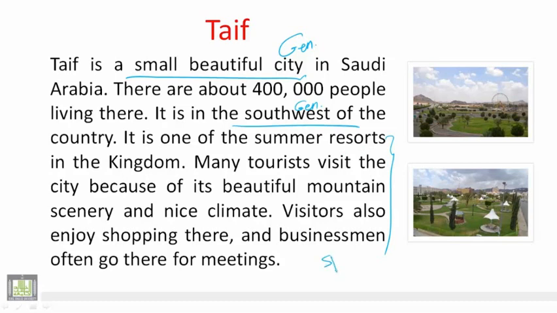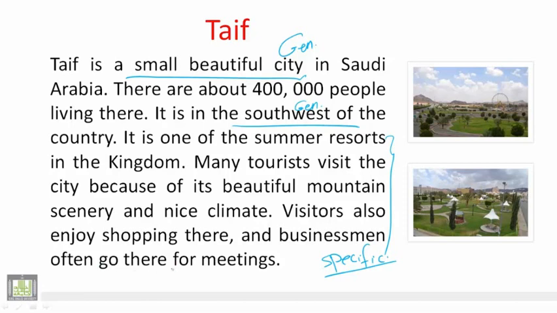All the rest of the sentences give specific information. Many tourists visit the city because of its beautiful mountain scenery and nice climate. Visitors also enjoy shopping there, and businessmen often go there for meetings.